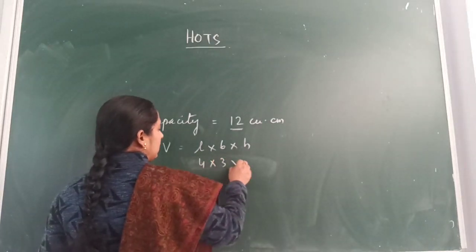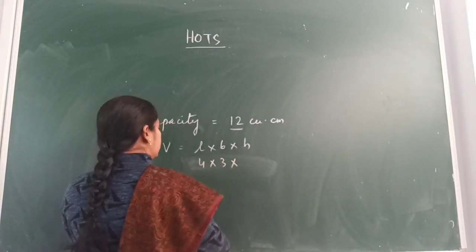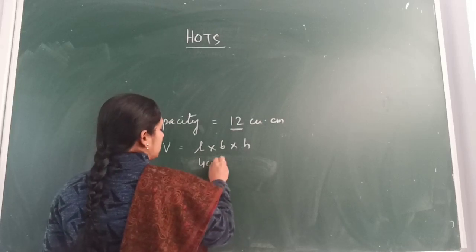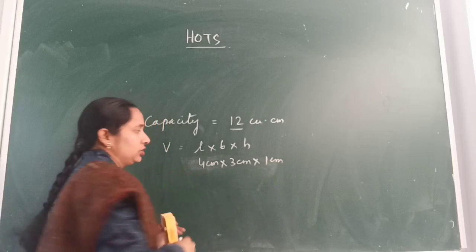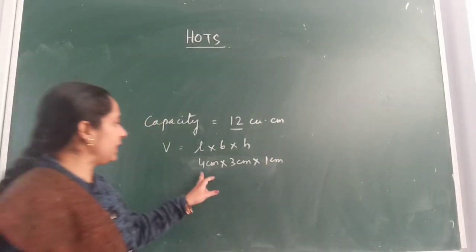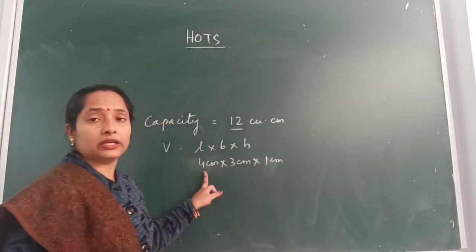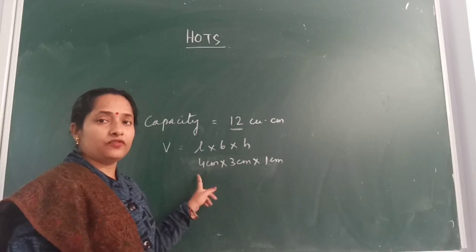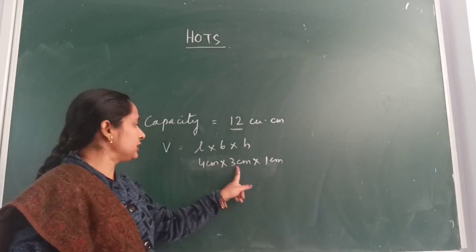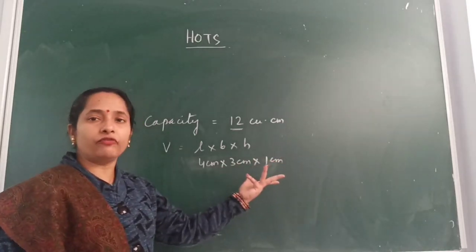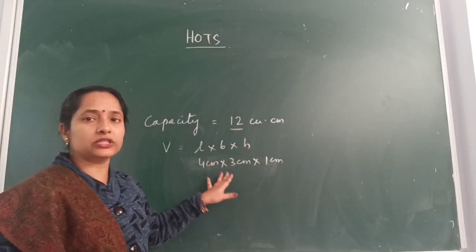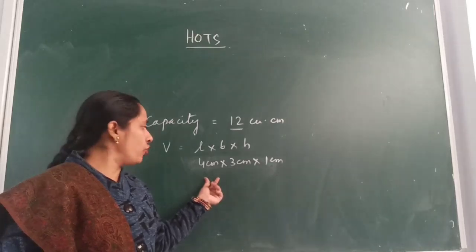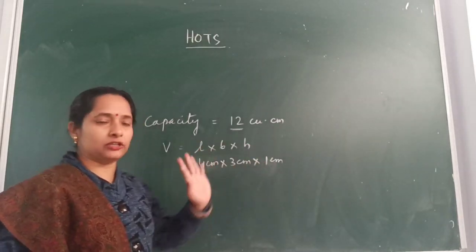If you find the product, 4 3s are 12, 12 1s are 12, you get the volume 12 cubic centimeter. So, we can take a box whose dimensions are 4 centimeter by 3 centimeter by 1 centimeter.